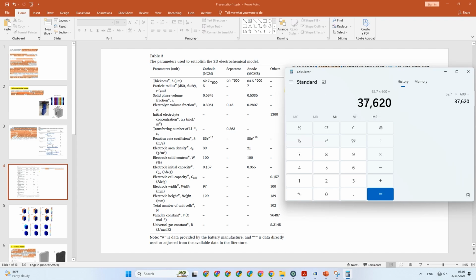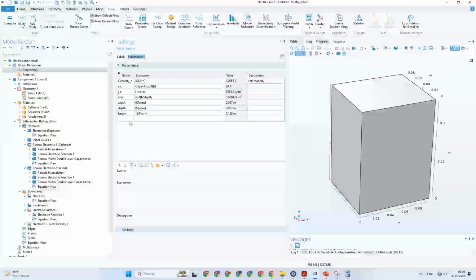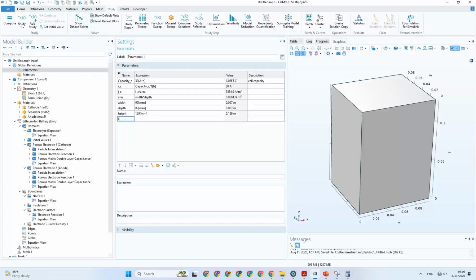Okay, and if we divide to 1000, it will be 37.62 millimeter. L cathode, millimeter.